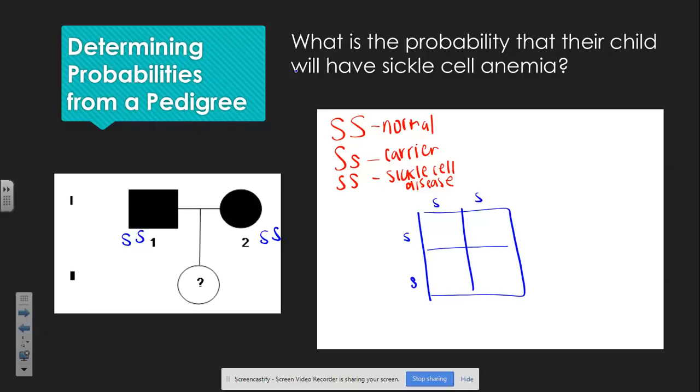The only allele that they can get from each parent is a little s. So if both parents have sickle cell disease, it's a 100% chance that their children will have sickle cell disease. I'm going to use SCD, sickle cell disease. In this case, that's a really easy one. It'd be a 100% chance that this couple would have children with sickle cell disease.